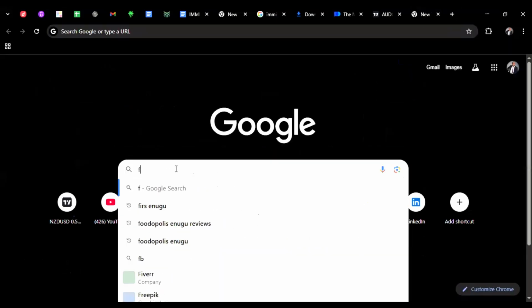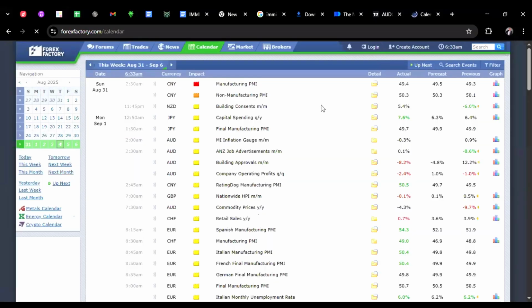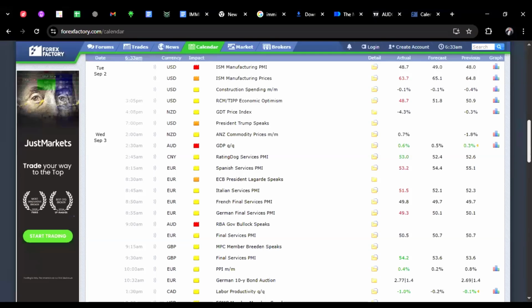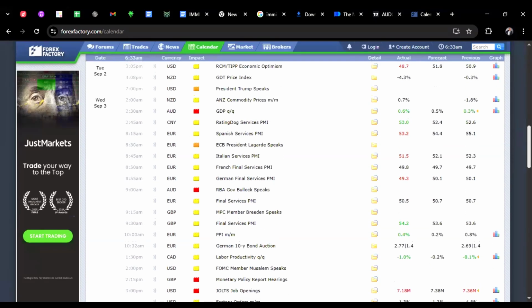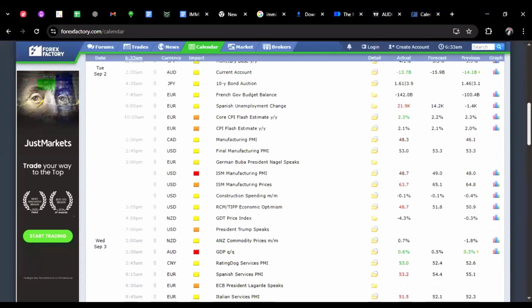Structure. Okay, September 3rd. Okay, yeah.